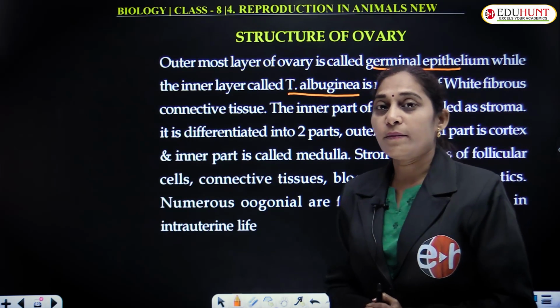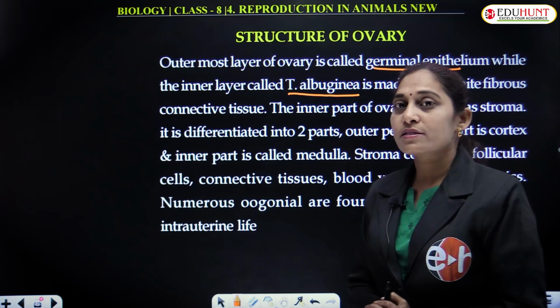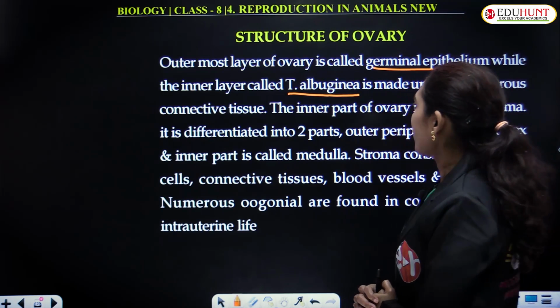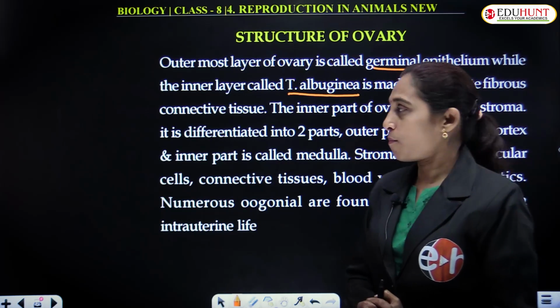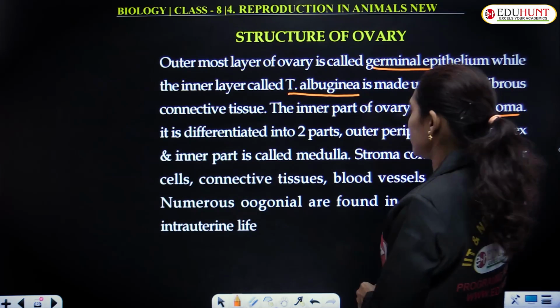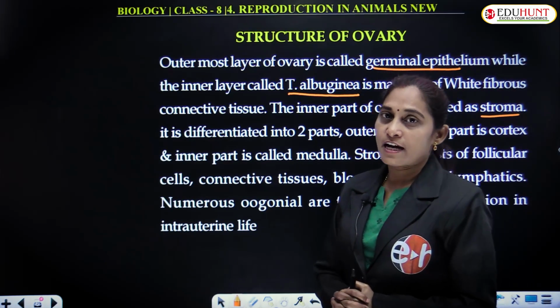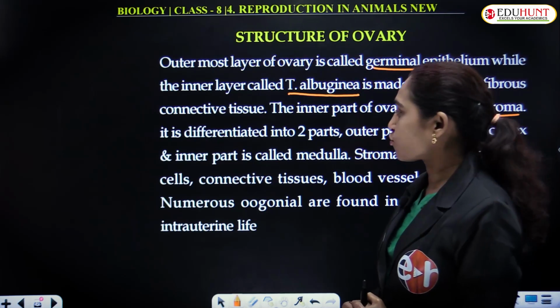It is made up of white fibrous connective tissue, and the inner part of the ovary is called the stroma, a substance filled inside the ovary.